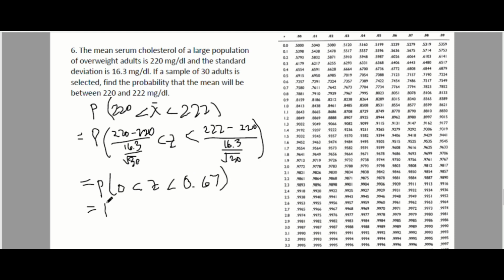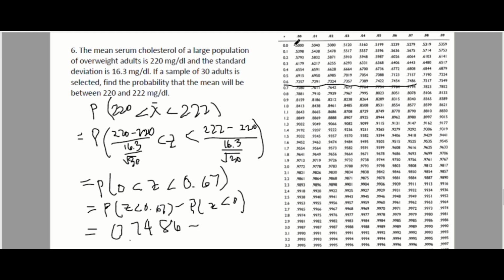So this is between, so we have P, z less than 0.67 minus P, z less than 0. Both of them are less than, so we'll go directly to the table. 0.67 is 0.7486.